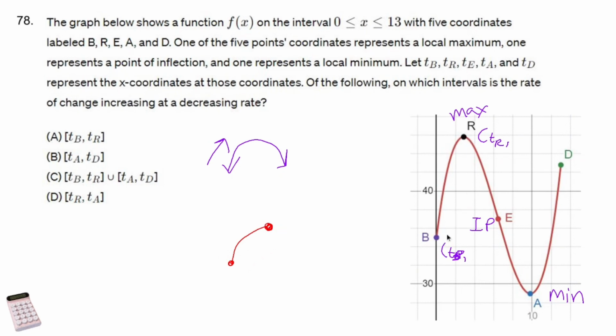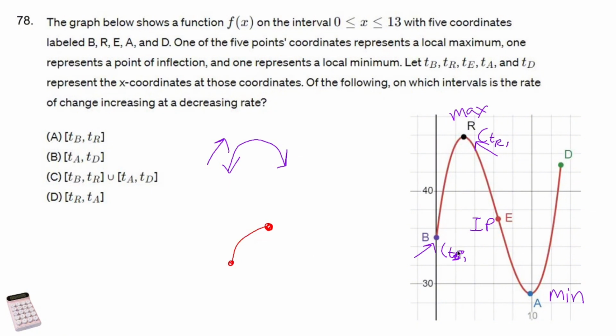Now, the only spot that shows me the left side of concave down is in between B and R. Over here you are decreasing at a decreasing rate. This guy is concave up, so you are decreasing at an increasing rate, and you are increasing at an increasing rate.